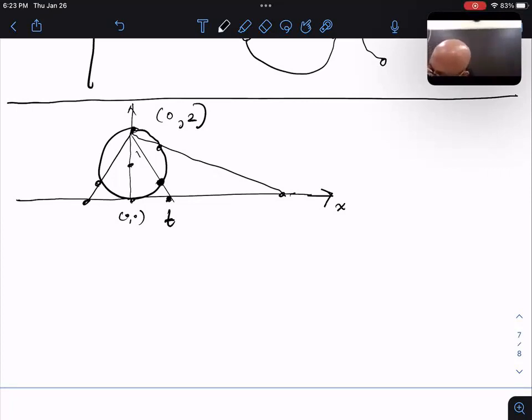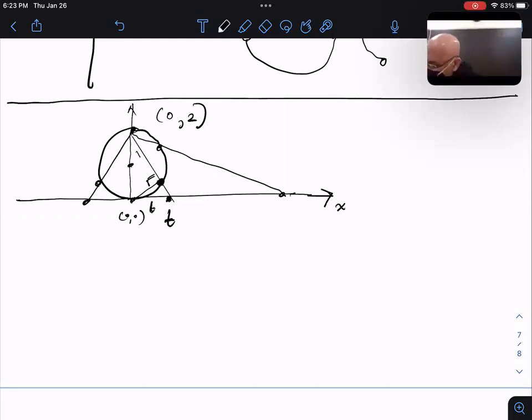Let's see. Shall we do it analytically or shall we do it geometrically? Suppose we try to do it geometrically. So I draw this. Then this angle is 90 degrees. That's a simple theorem from elementary geometry. But t is this distance.